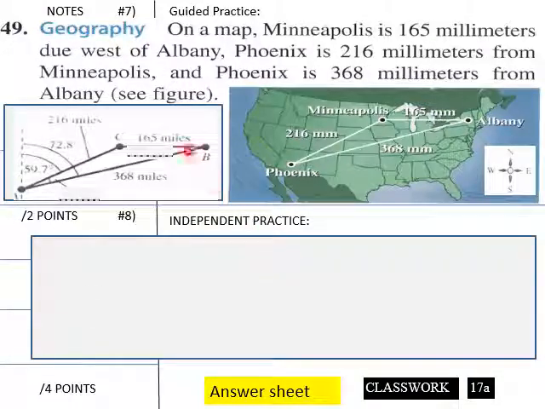Okay, let's try one now. On a map, Minneapolis is 165 millimeters due west of Albany, and Phoenix is 216 millimeters from Minneapolis, and Phoenix is 368 from Albany. So we have this triangle here, and we can also use this measurement.